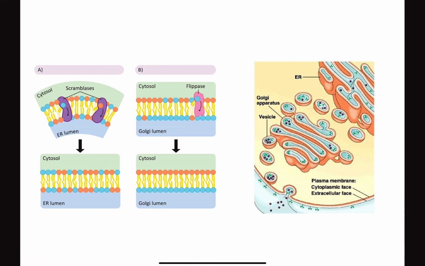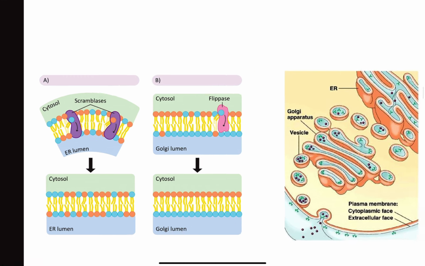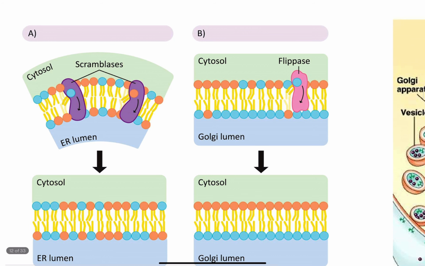So this leftmost figure demonstrates how asymmetry is established. In figure A, what we see are enzymes called scramblases. They're in the endoplasmic reticulum, and they facilitate an even distribution of our phospholipids between the two leaflets of our membrane, right?